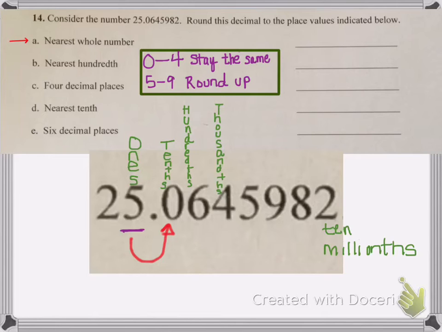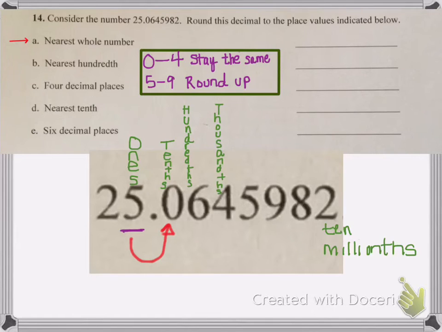So here is our rule for the critical digit. If the critical digit is 0 to 4, that means the number in the place value to which you are rounding will stay the same. If the critical digit is 5 to 9, you're going to take the number in the place value to which you are rounding and you're going to round up.